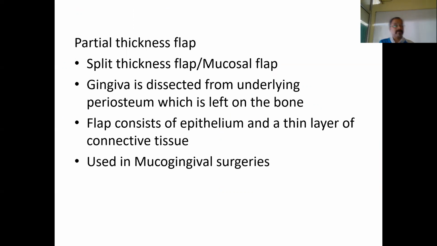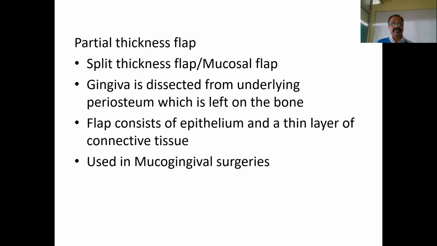Here, you're not going to elevate this split thickness flap with a periosteal elevator. This requires a sharp dissection, because we don't want the periosteum to be lifted out. If you lift out the periosteum, that means you're doing a full thickness flap rather than a split thickness flap.